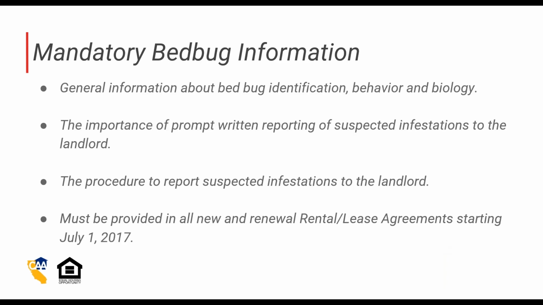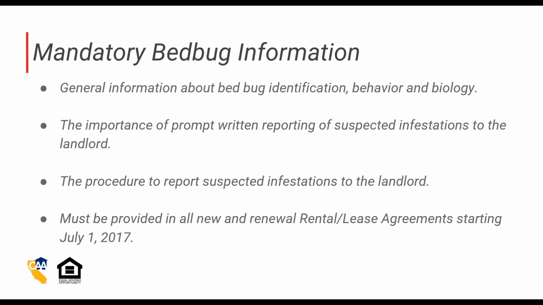So the first piece of this law is the mandatory bedbug information for all tenants. This information must be included in all new and renewal rental agreements entered into on or after July 1st, 2017. There was also a requirement to provide the information to existing tenants no later than January 1st of 2018.